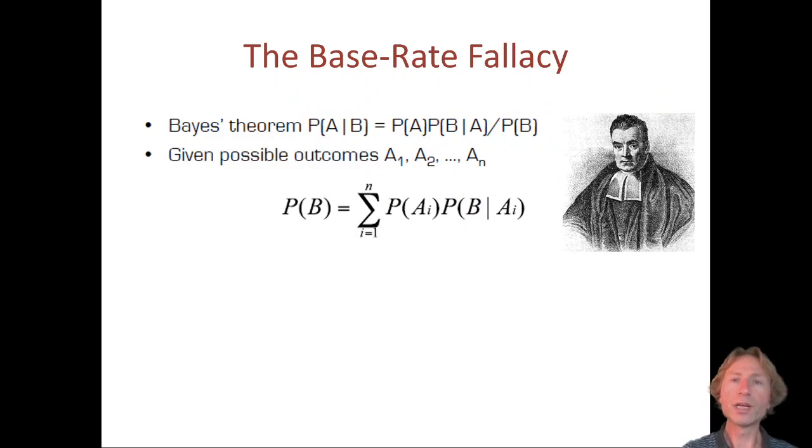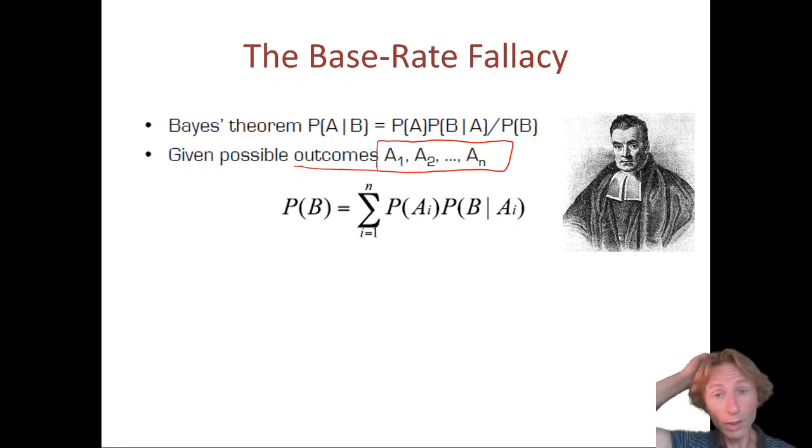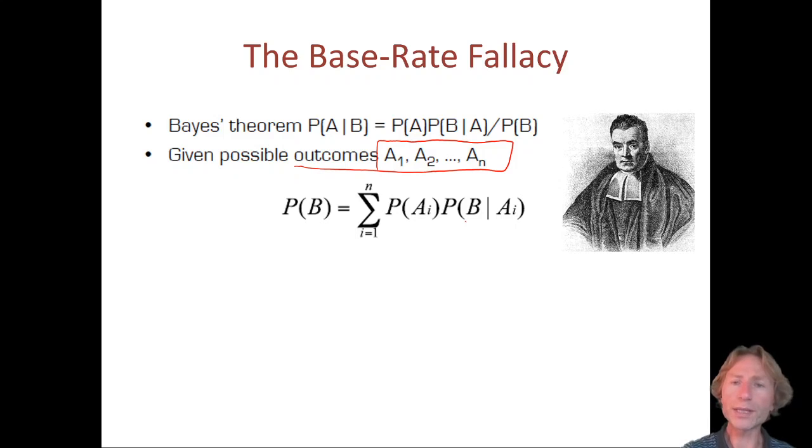So what we can do is, for all the possible outcomes of A, A1 to AN, we can say that the probability of B happening is, well, let's look at all the possible outcomes of B occurring in the context of an event in A. So the probability of B occurring given that Ai occurred times the probability of Ai occurring.